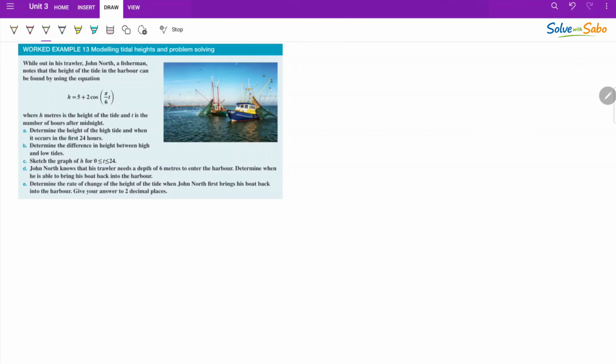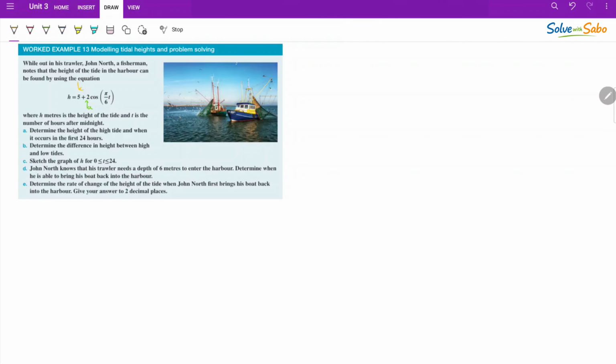Now looking at this equation, the first thing I'm seeing before I even work out what the question's asking me, looks like I've got an amplitude here of 2. I've got an A value right here. I've got this K value, which means that's my equilibrium point. It looks like we're 5 meters deep and we fluctuate either side of that.